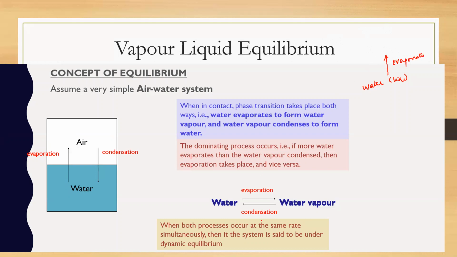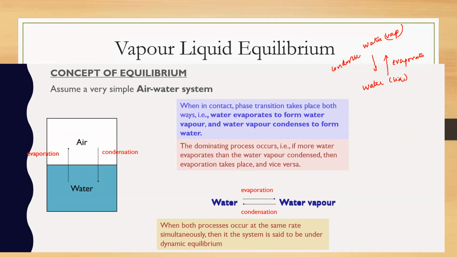Water would tend to evaporate and form water vapor. At the same time, water vapor would tend to condense. All right. So you should know these two terms, condensation and evaporation. Evaporation is the process of conversion from liquid to vapor, and condensation is the process of conversion from vapor to liquid.